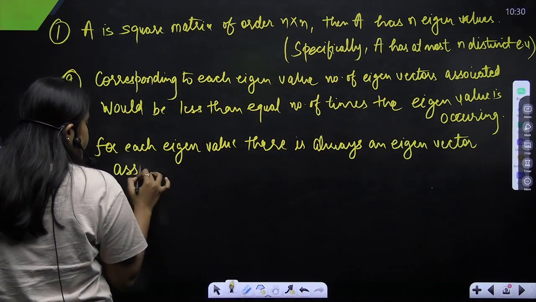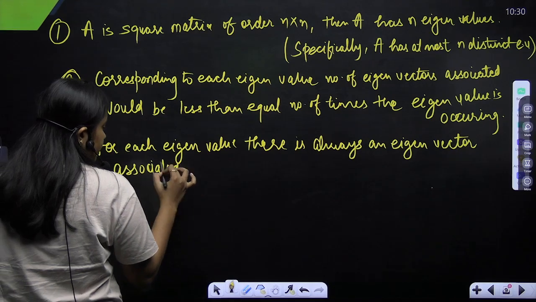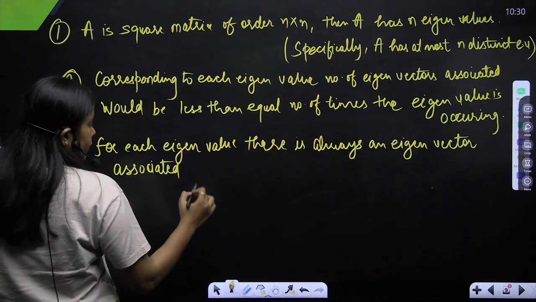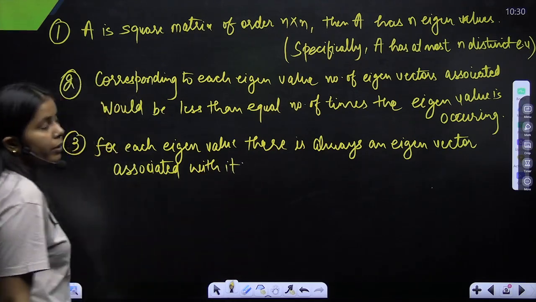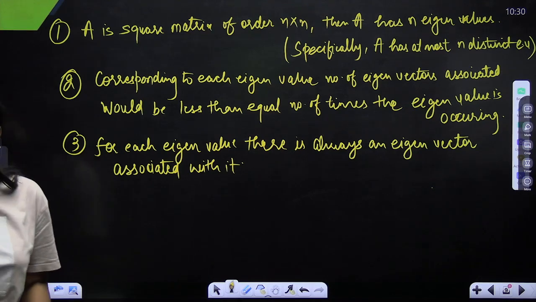There would always be an eigenvector. It won't happen that we'll not have an eigenvector associated. There is always an eigenvector associated with it, right? So these are some properties which we get by solving the questions for a 2x2 matrix.